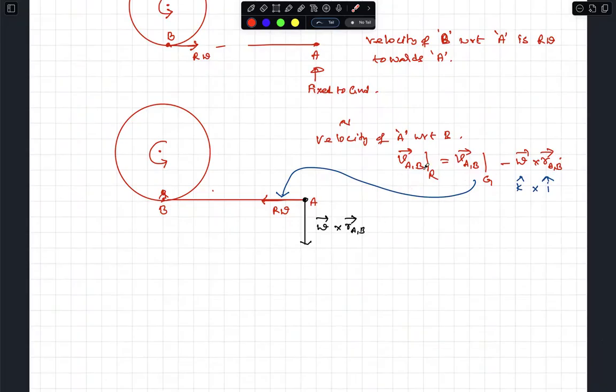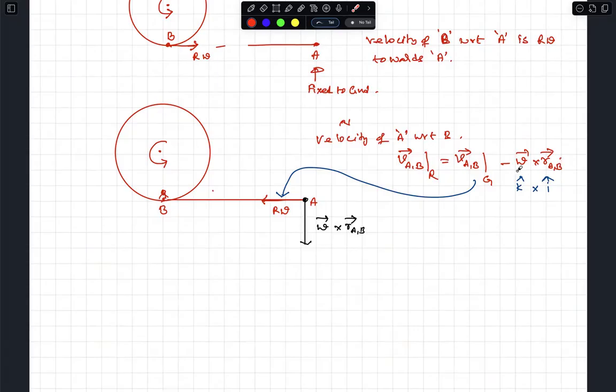Now I am taking velocity of A with respect to B as observed by the rotating frame as velocity of A with respect to B as observed by the ground frame minus omega bar cross RAB bar.